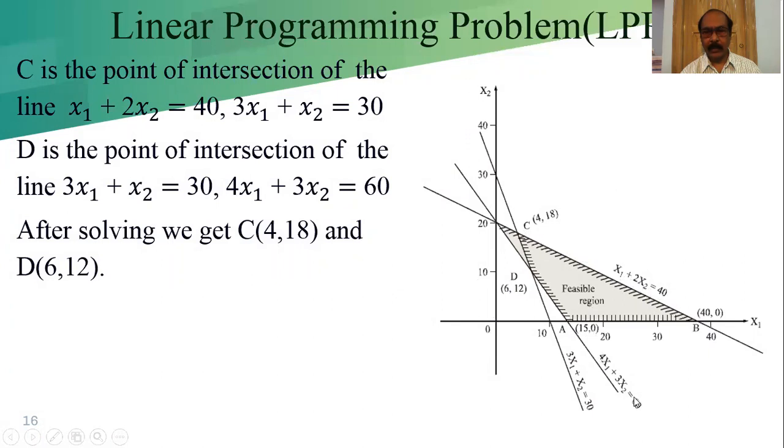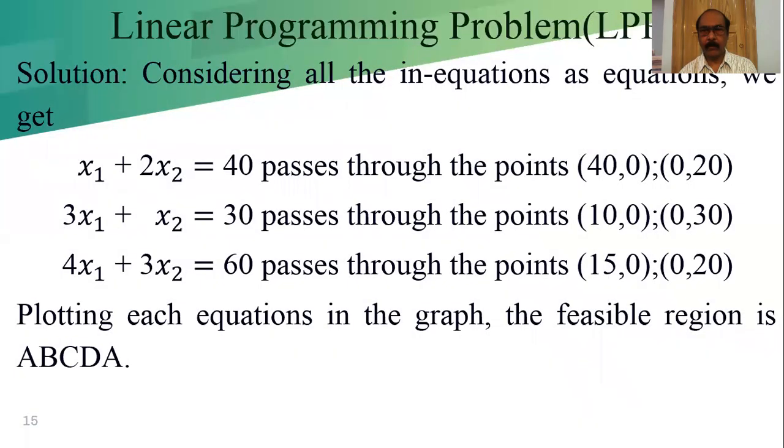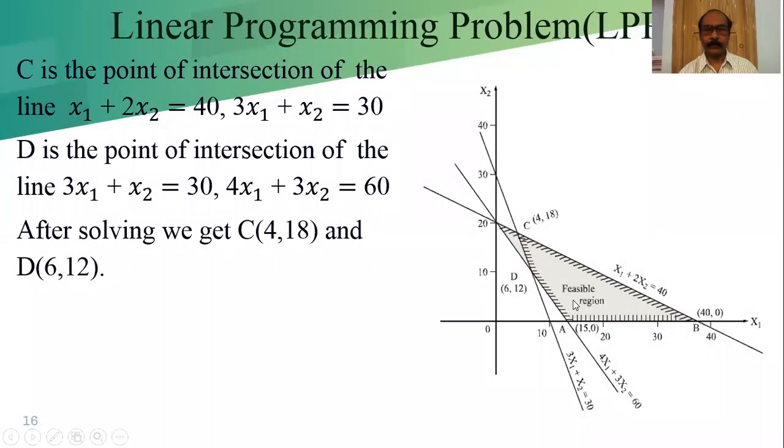This is 4x1 + 3x2 = 60, passing through (15, 0) and (0, 20). Both lines meet the x2 axis at the same point, (0, 20). And the other one passes through (10, 0) and (0, 30).